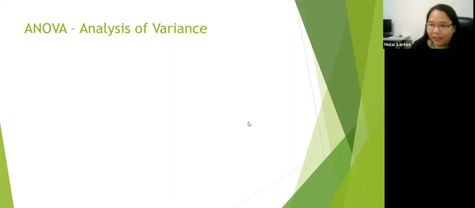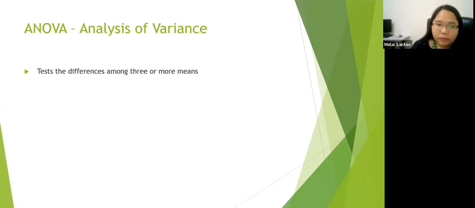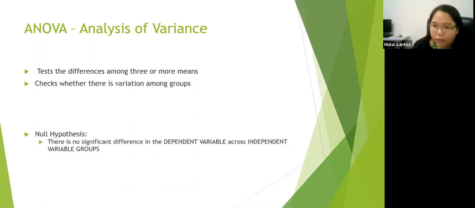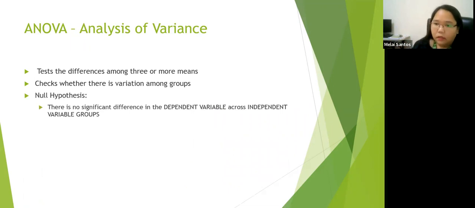Okay, so ANOVA, we will use this for more than 2 sets of data or respondents. It tests the differences among 3 or more means. So it checks whether there is a variation among the groups. And then the null hypothesis is that there is no significance in the dependent variable across, say for example, colleges, across the strands.